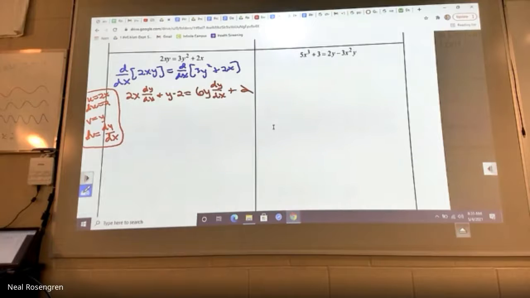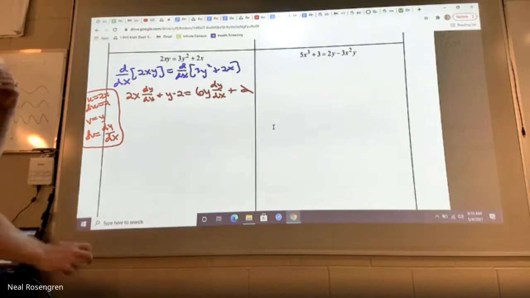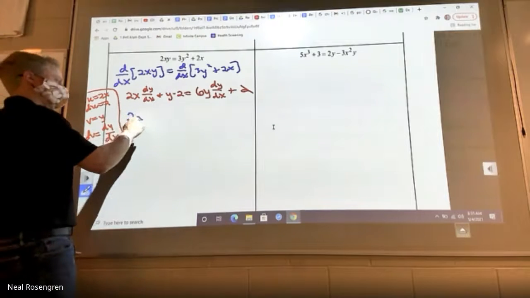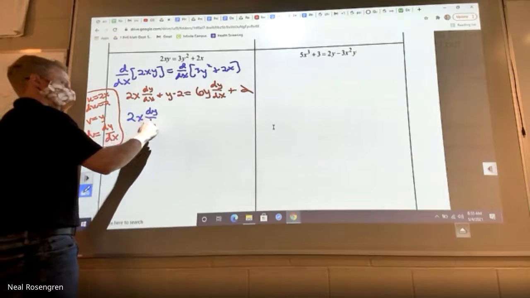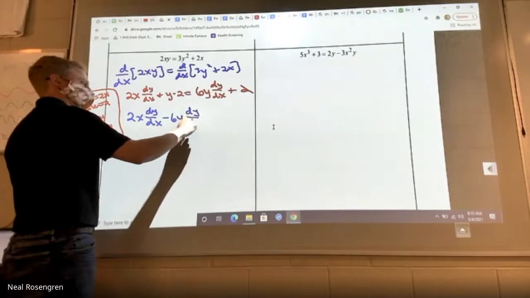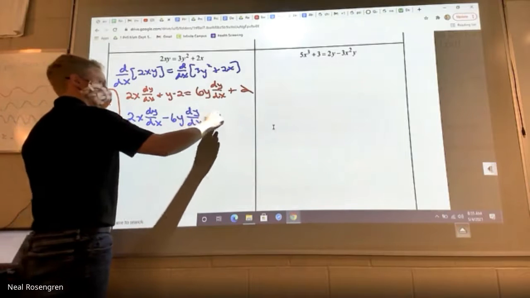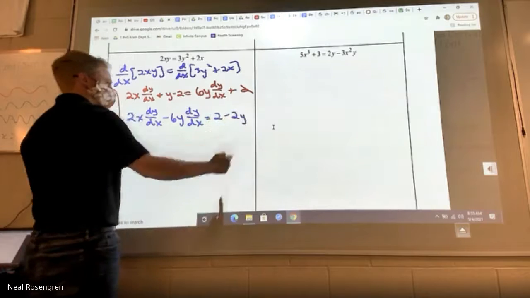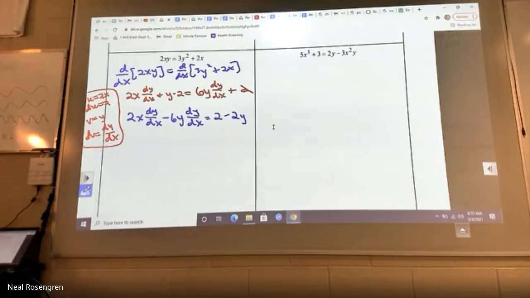Go ahead. Solve for dy/dx. Can you get it isolated on the left and get everything else over to the right? Not going to stress about the order that you write things in.